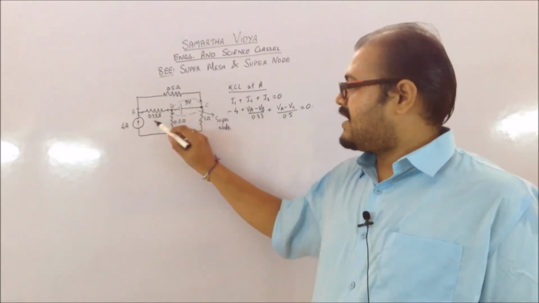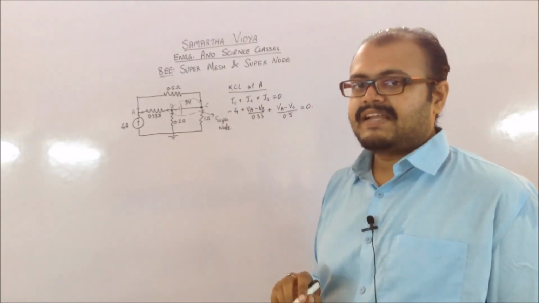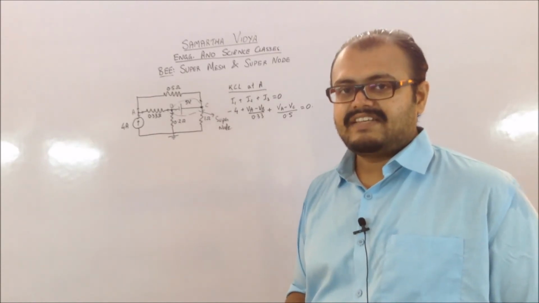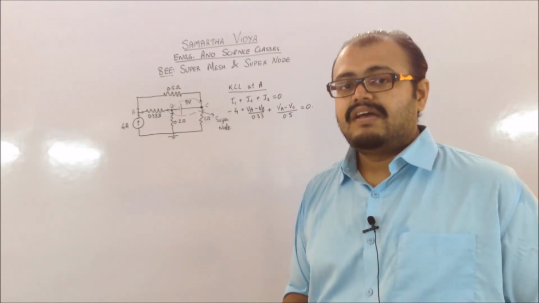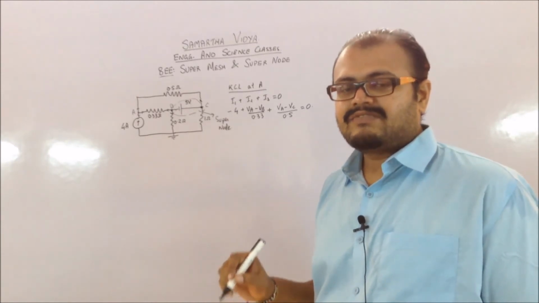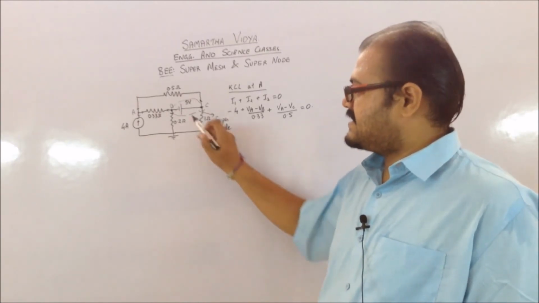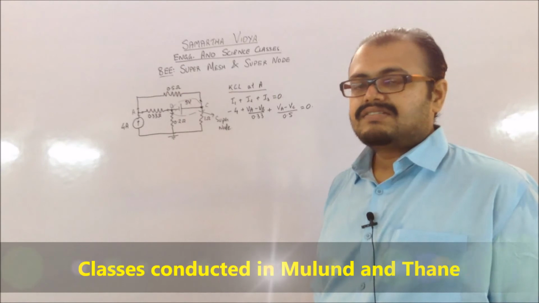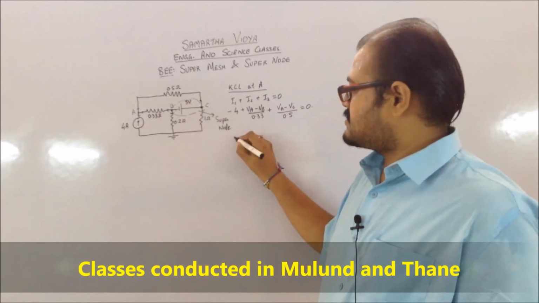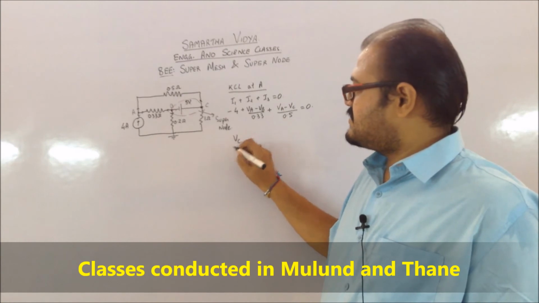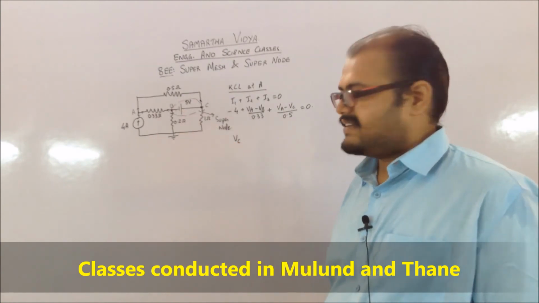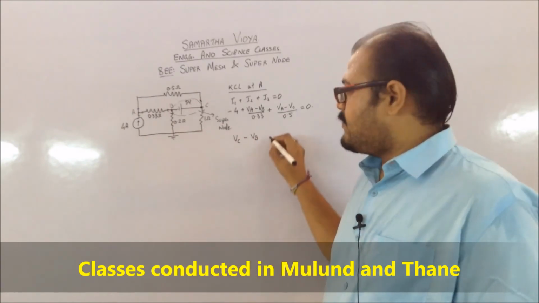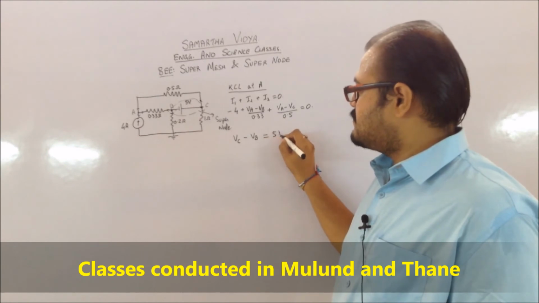So you will have one equation already from A, the second equation from the super node. But since you have 3 variables, you require 3 equations. So the third equation will be given from the super node itself. You can see that the voltage source is connected between B and C. So you will apply the super node condition over here. That's going to be VC, which is connected to the positive terminal of the battery, minus VB, which is connected to the negative terminal of the battery, equal to 5 volts.